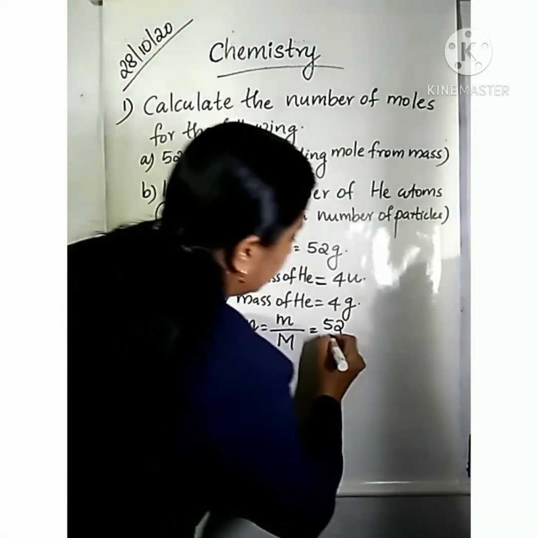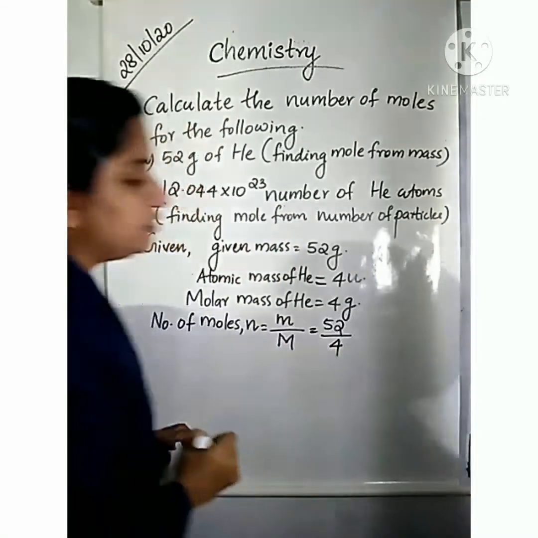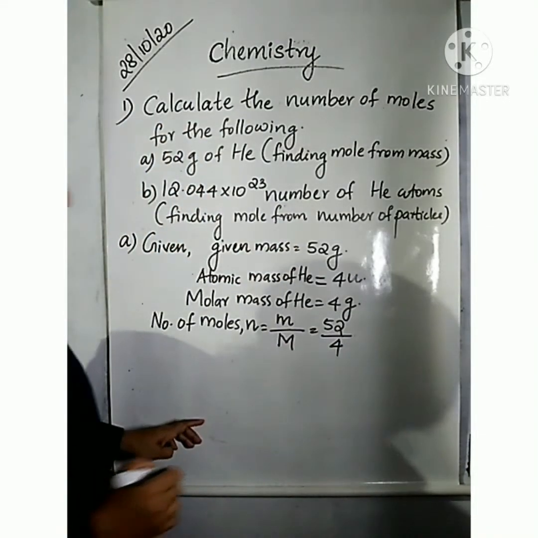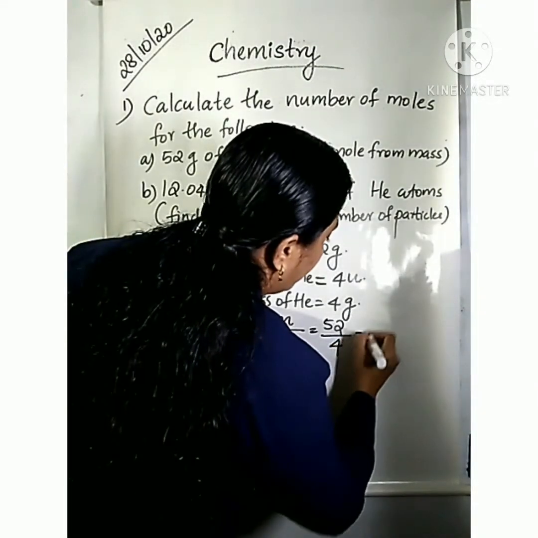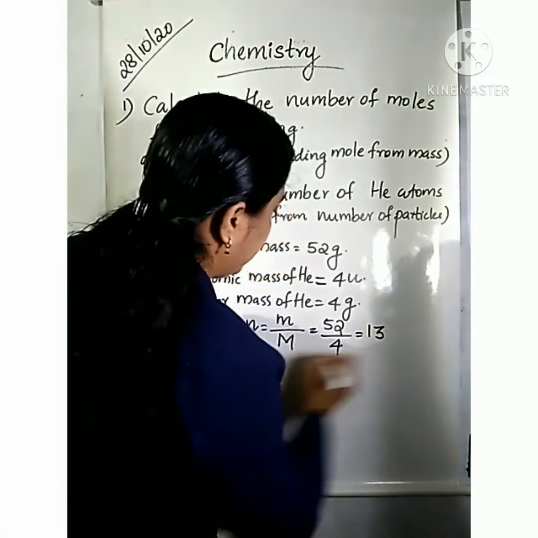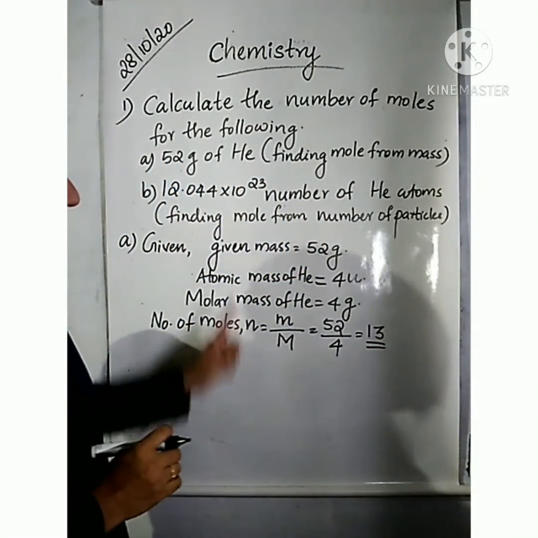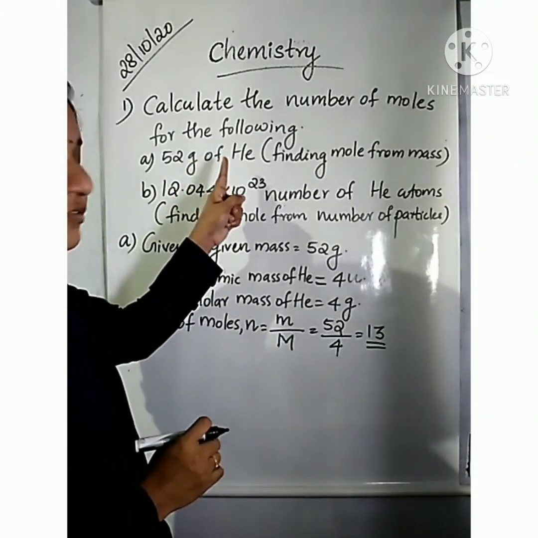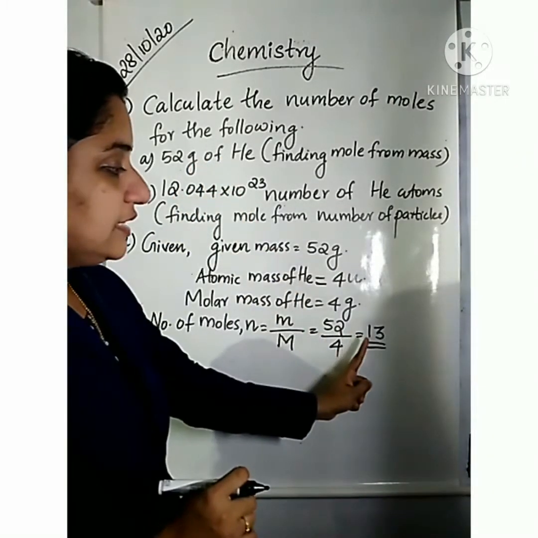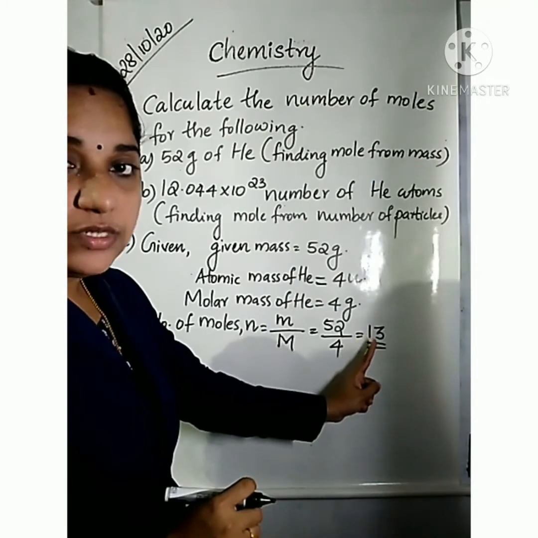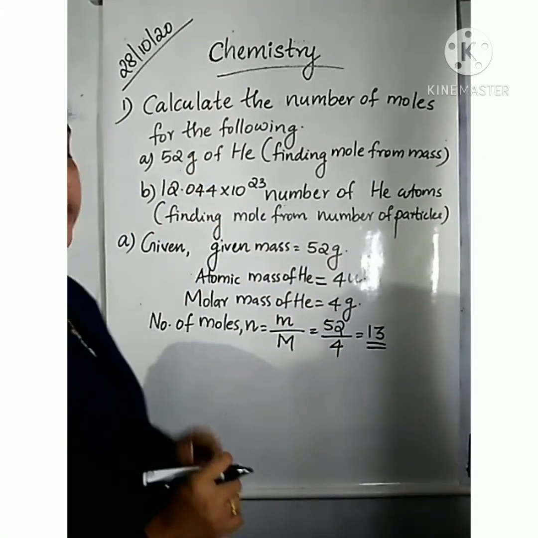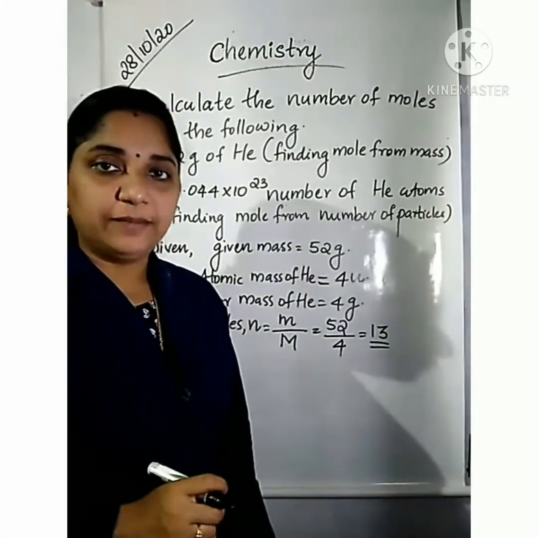Then the molar mass equal to 4. Then what is the answer? 13. So number of moles present in 52 gram of helium is 13. 13 moles present in 52 gram of helium.